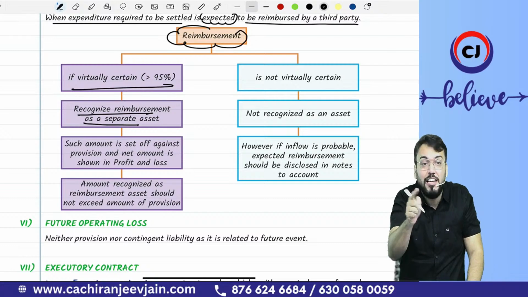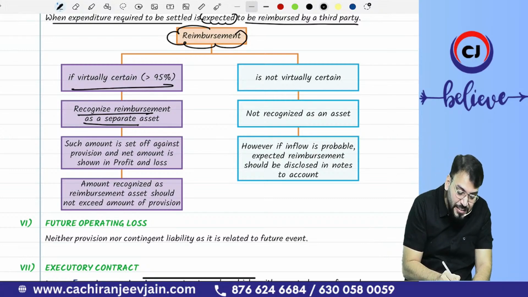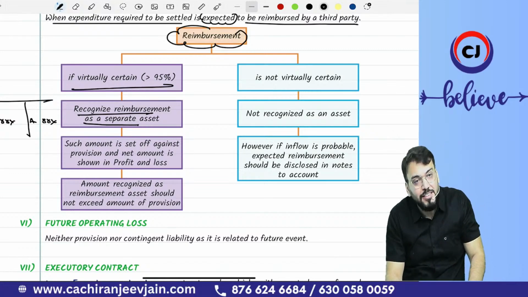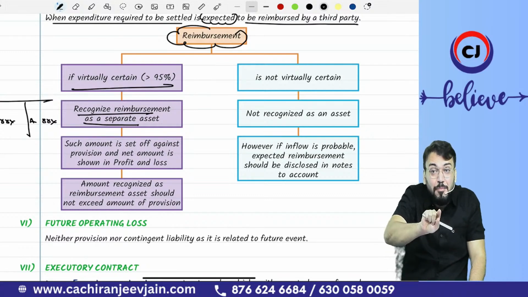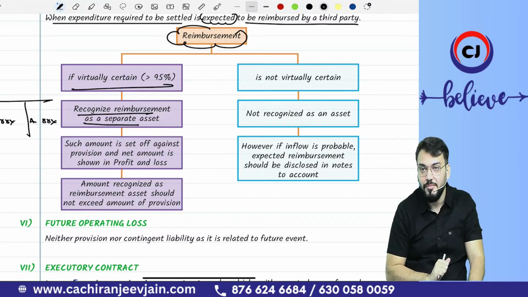Separate asset means it cannot be set off with the amount of provision in the balance sheet. In the balance sheet you write provision separately and reimbursement asset separately.